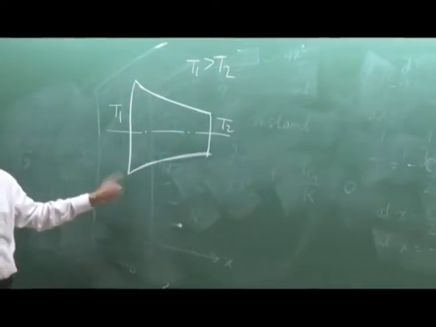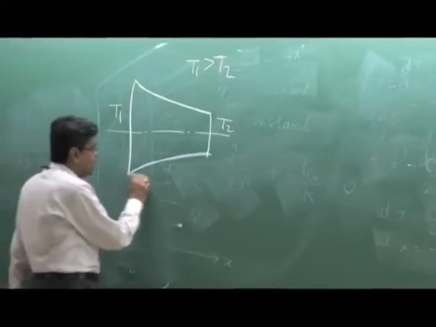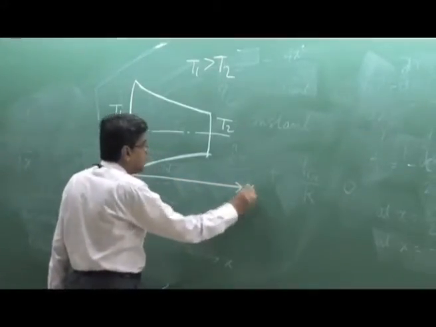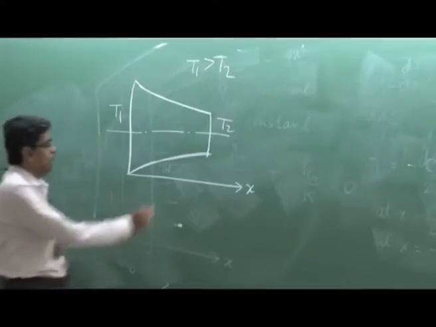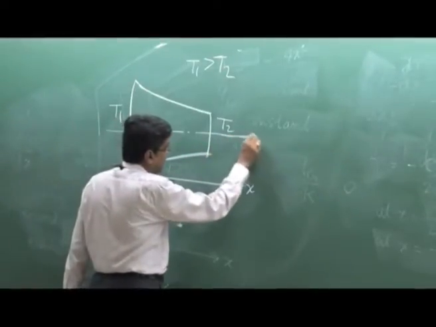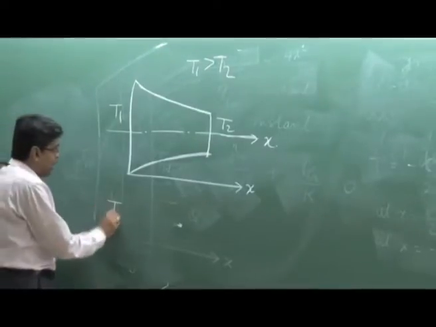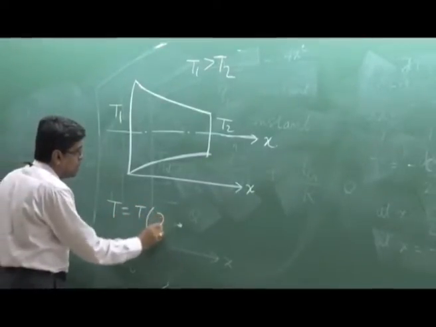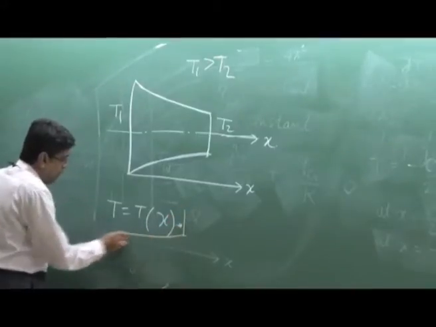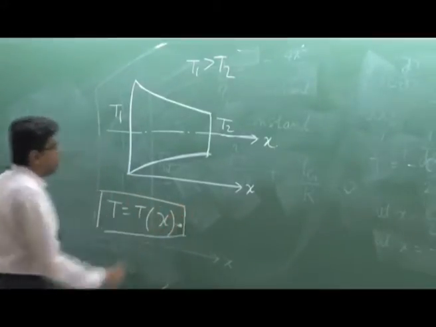But what is done here: if x is in this direction, or you can take it at the middle axis, same thing, x, then we say that T is a function of x, and sometimes treat this as a one-dimensional problem.